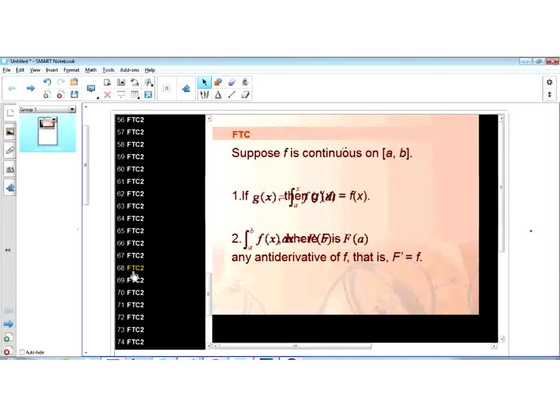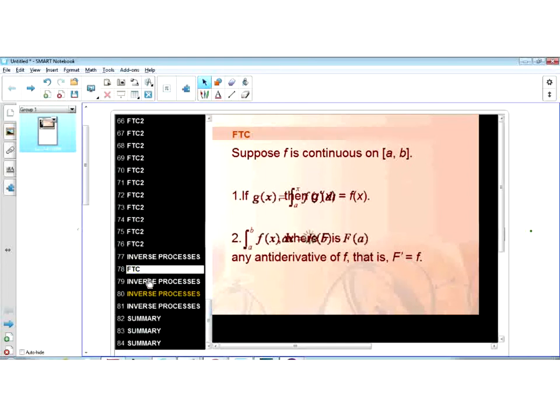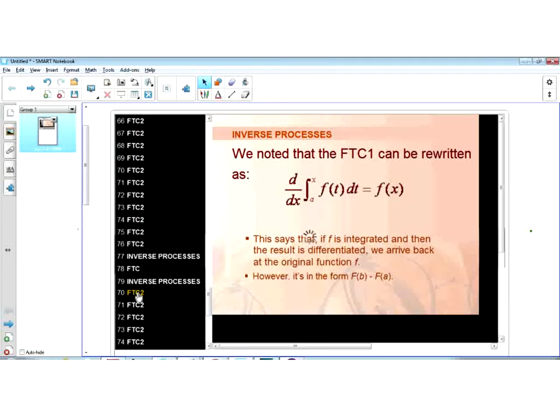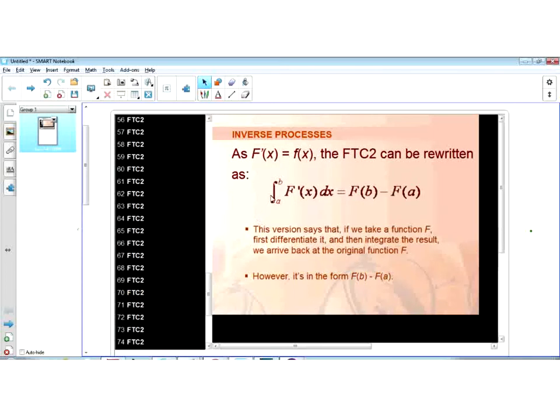Okay, so, the melding of the two parts of the FTC. The derivative of the integral is the function itself. If f is integrated and then the result is differentiated, we get f back. So they're inverse processes.